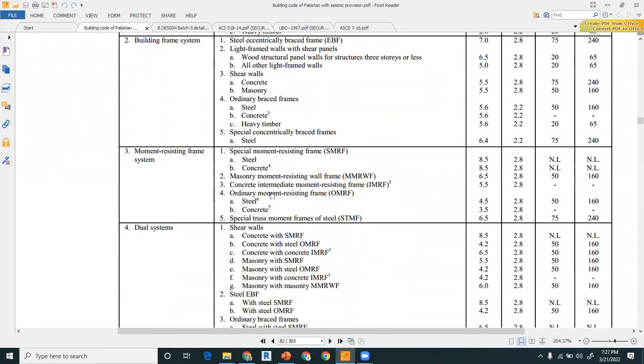If I move towards the moment resisting frame system, for example SMRF, special moment resisting frame, and if it is concrete, the R value is 8.5, and for IMRF it is 5.5, and OMRF from concrete it is 3.5.